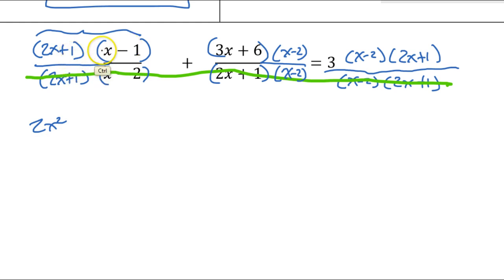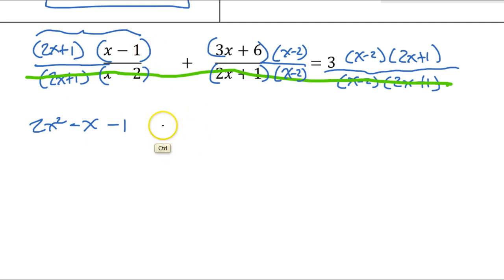I'm doing the same thing right now as I multiply these. I'm asking, what's the inner and the outer now? Because that's got to make the middle. That's why I do it that way. So inner, it's 1x. Outer, it's negative 2x. Together, that makes negative 1x. And then minus 1.